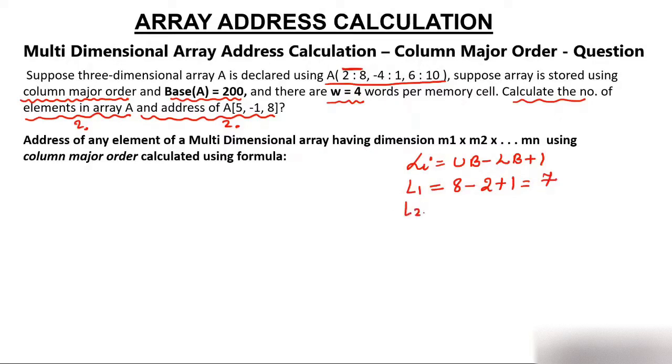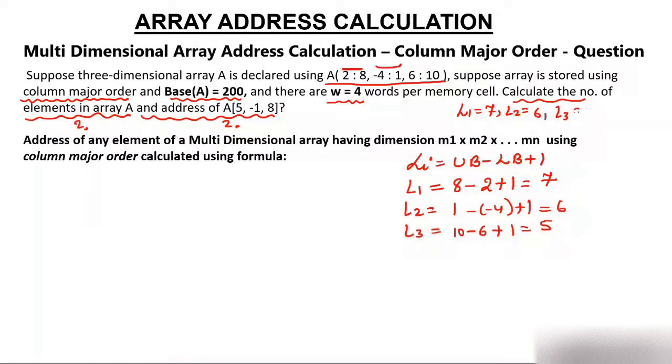Then calculate L2. Upper bound is 1 minus lower bound, which is minus 4, plus 1, that is 1 plus 4, which gives you 6. L3, upper bound, that is 10, minus lower bound, that is 6, plus 1 gives you 5. So finally you calculated L1 as 7, L2 as 6, and L3 as 5.